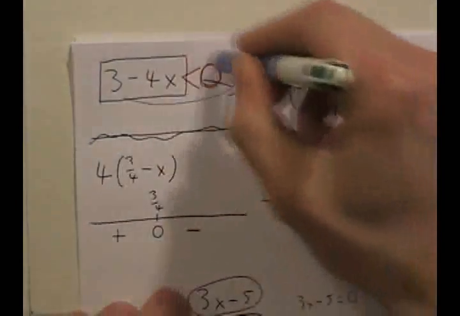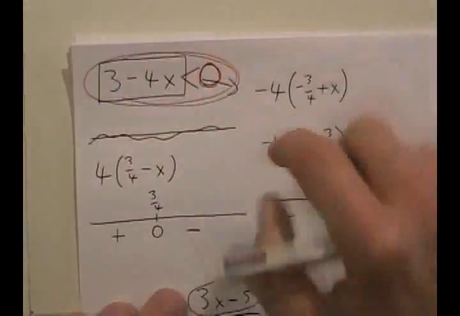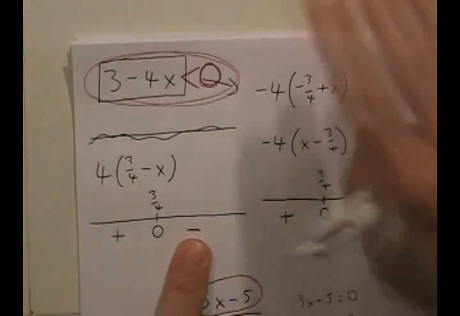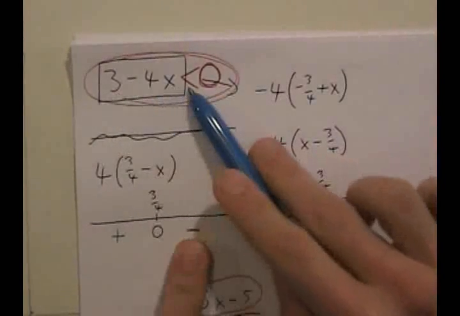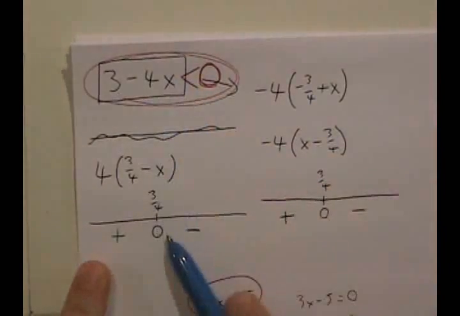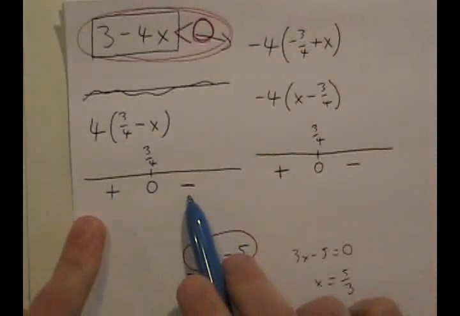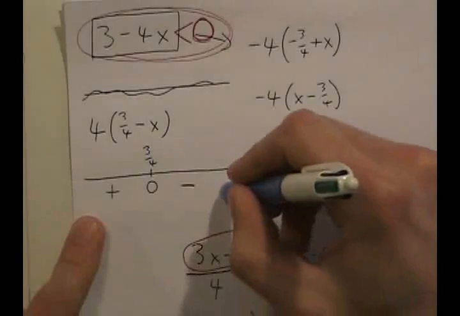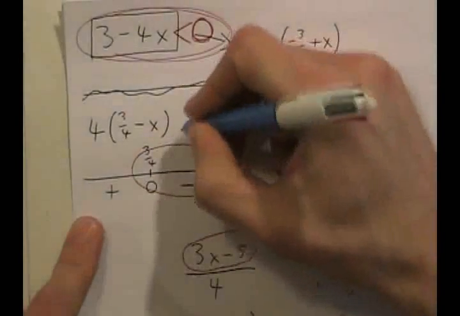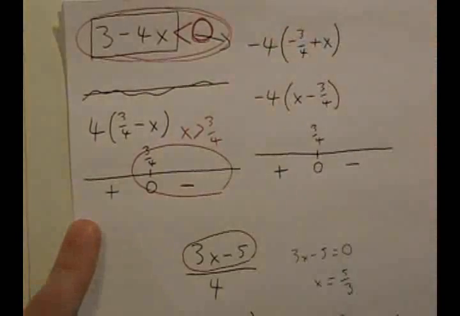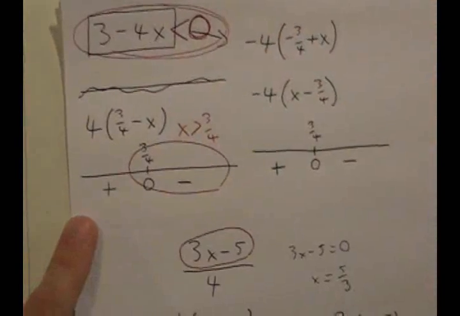If the original problem is asking for this, forget about this, make a sign chart for it, done. And then go back and say, which one am I looking for? I want less than 0. So you just look at the numbers on the sign chart and then you see, oh, I want these answers. The solution has to be x is greater than 3/4, which is, of course, the answer that you would have gotten algebraically.